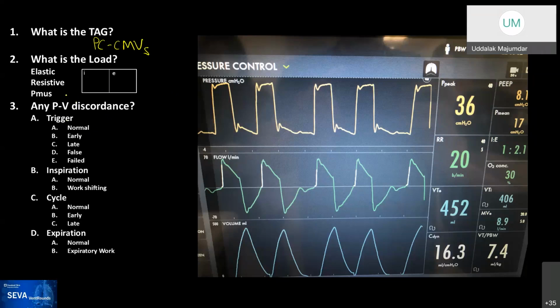Yeah, I think it's elastic. I'm going to go with elastic, and the inspiratory load. I think there'll be some PMOS in the expiratory limb, elastic plus expiratory. I don't see any resistive loads. Let's go by trigger-wise.